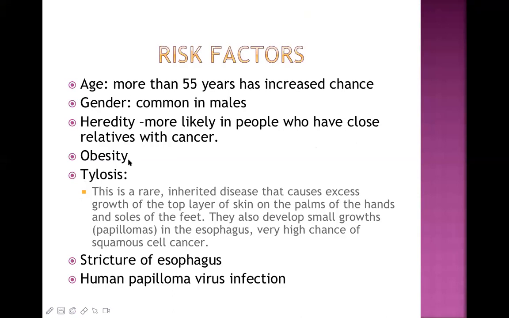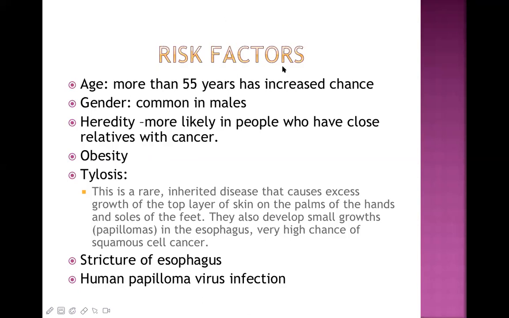Obesity is one of the important factors, though not directly but indirectly. Obese people do not have good dietary habits. They just like fatty food. They probably are not taking enough fruits and vegetables in their diet. They take a lot of meat, remember that. And that meat, both processed and unprocessed, can lead to a chance of esophageal cancer.